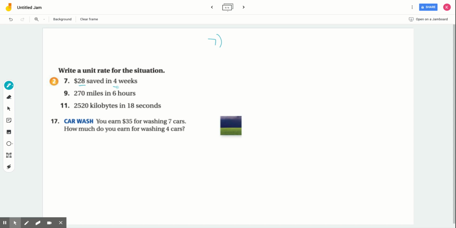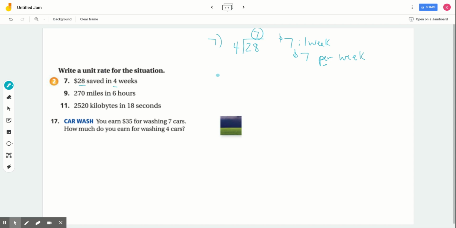So we take the two numbers and divide them. 28 divided by 4 is 7. So we have $7 in 1 week, or we will say $7 per week. The word per really means each, $7 each week.